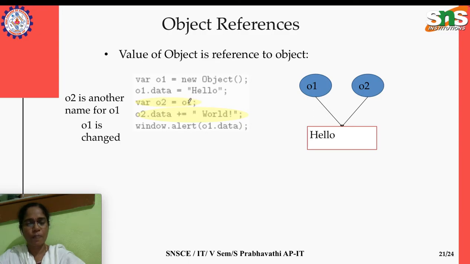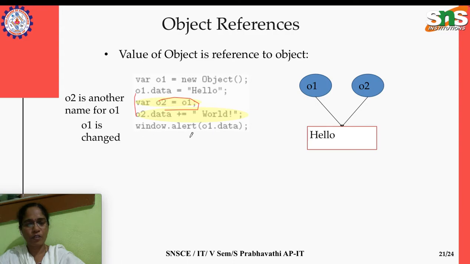So it means o1 is referred by o2, and if in the later part you change the property of o2, o2 dot data plus equal to, it means concatenation, equal to world. So already o2 dot data is hello, because by means of this line we could refer o1 data using o2. Okay, object reference. Then you are concatenating the hello with the world.